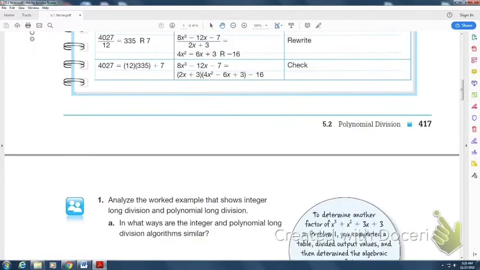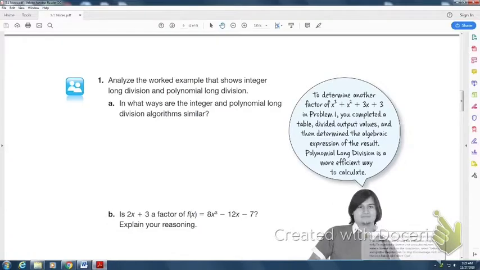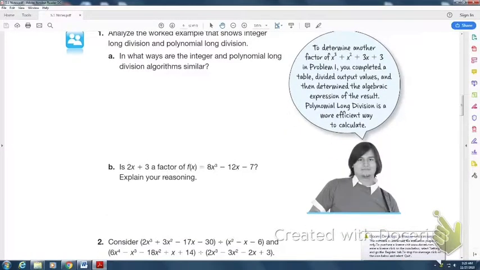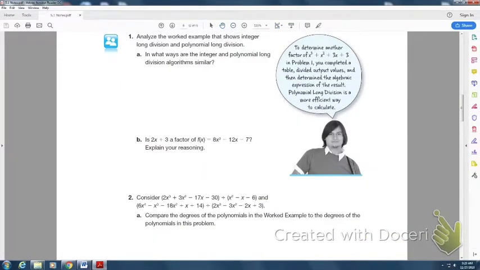Alright, so let's get to a couple just rules that we need to write down on this next page. So on number 1 it says, in which ways are they the same? So on there you can put that these steps are similar and then write out those 5 steps.